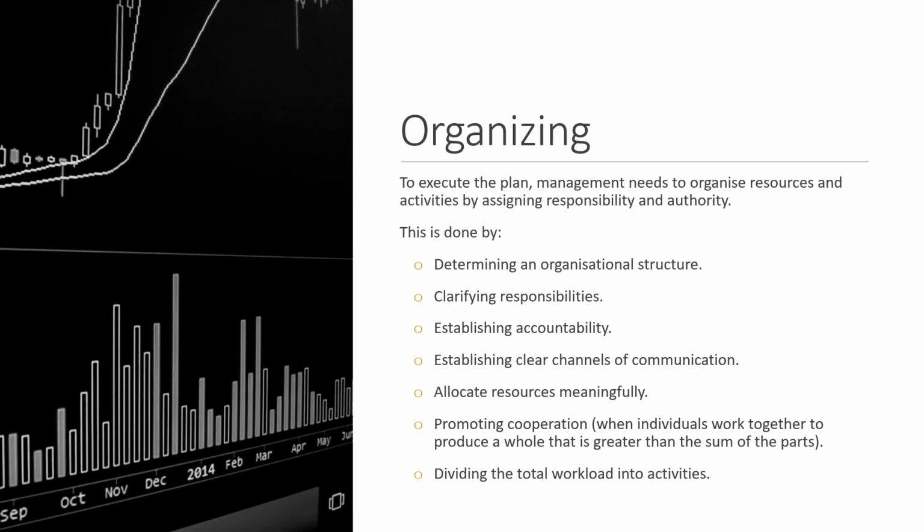This is done by determining an organizational structure or organogram, clarifying responsibilities, establishing accountability, establishing clear channels of communication, allocating resources meaningfully, promoting cooperation. Remember, individuals work together to produce a whole that is greater than the sum of the parts. And then finally, dividing the total workload into activities.